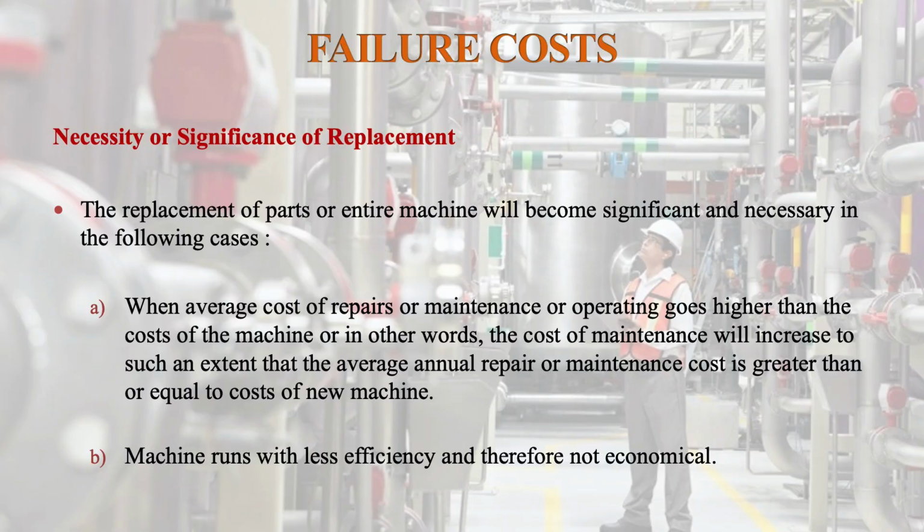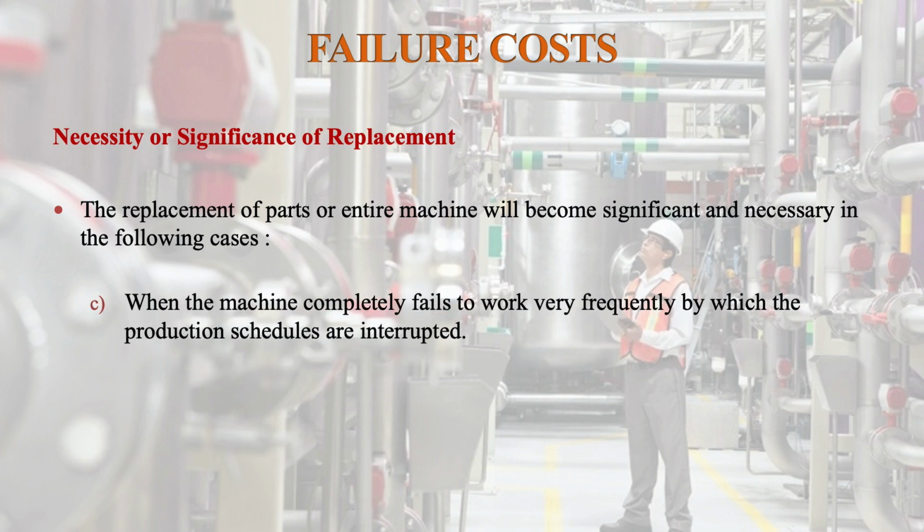So when we have to repair or recondition the machine, if the reconditioning or repair cost is not more than the new machine cost, then only can we adopt a maintenance policy; otherwise we scrap that machine and purchase a new one. B. The machine runs with less efficiency and is therefore not economical. C. The machine fails completely and very frequently, by which production schedules are interrupted.